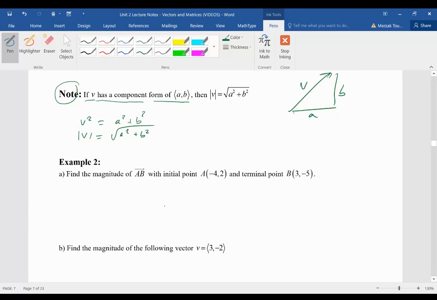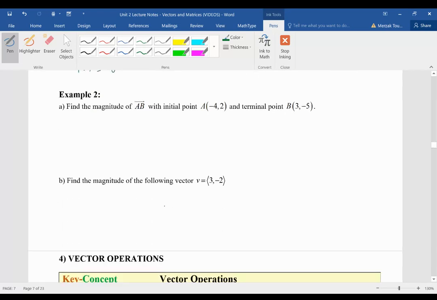Okay, so let's work on example 2. Find the magnitude of vector AB with initial point negative 4 comma 2 and terminal point 3 comma negative 5. We can go ahead and use directly the distance formula. So the magnitude of vector AB would be the square root of, let's do 3 minus negative 4 squared plus negative 5 minus 2 squared.